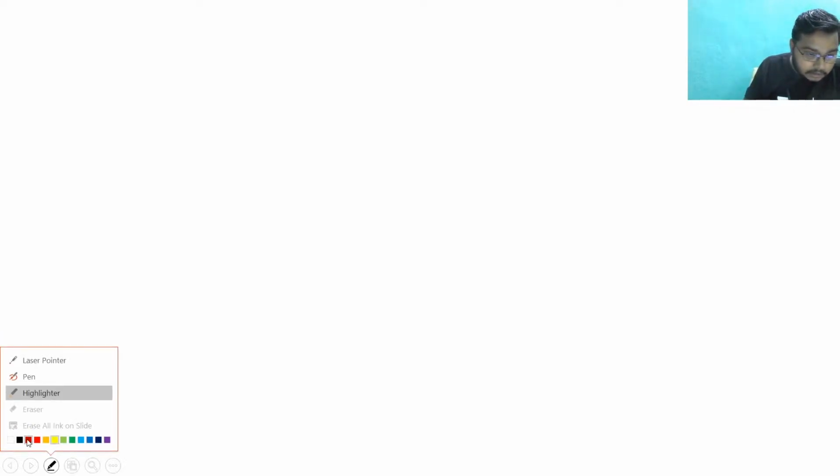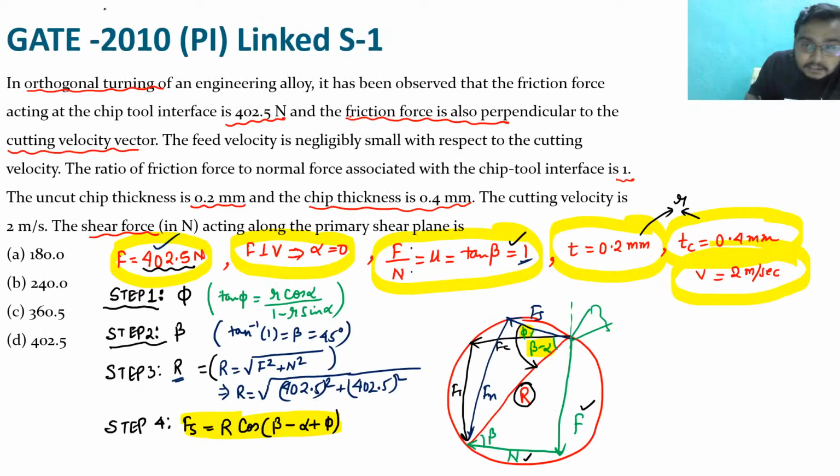Okay, I'll just write everything. First step is R. See how you can find the value of R: that is 0.2 by 0.4, which is nothing but 0.5. Clear?